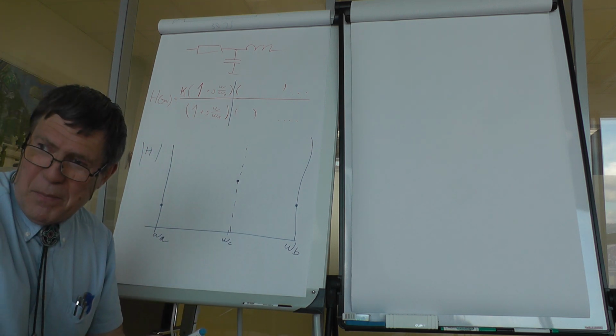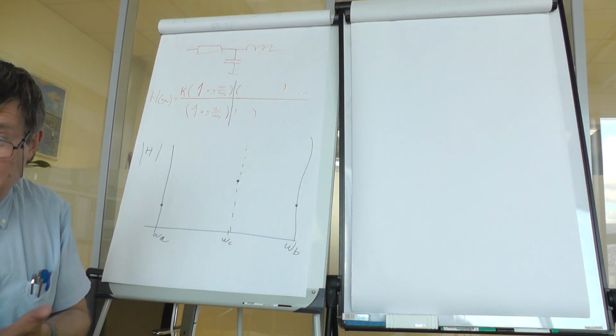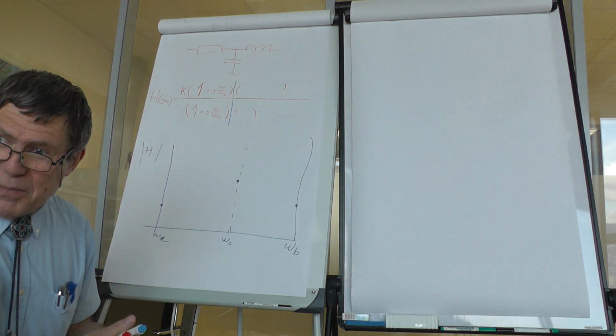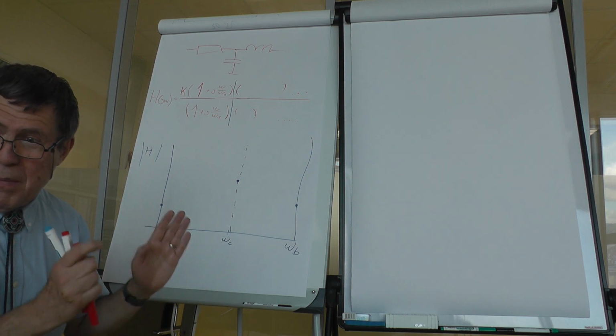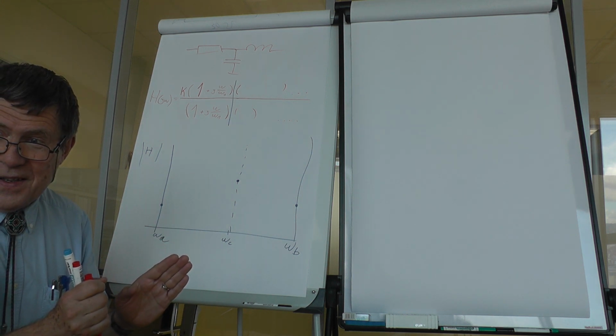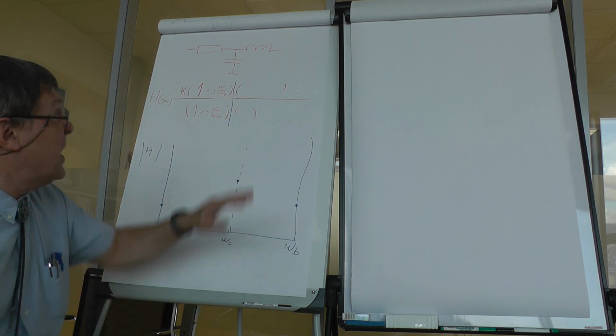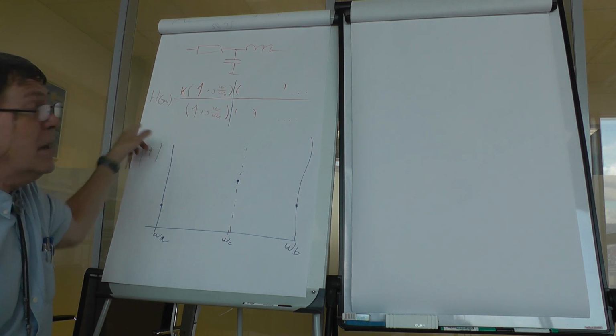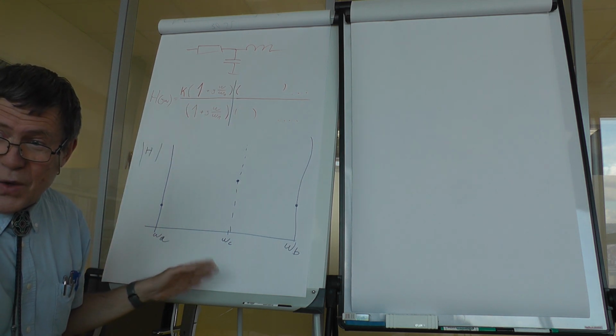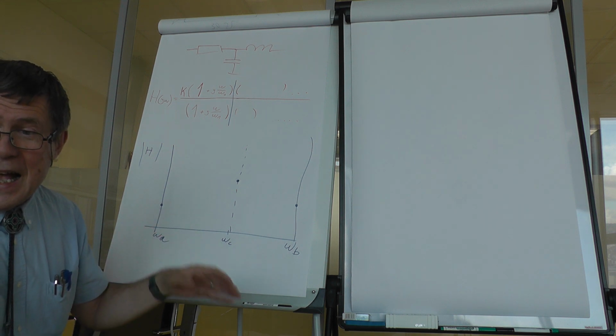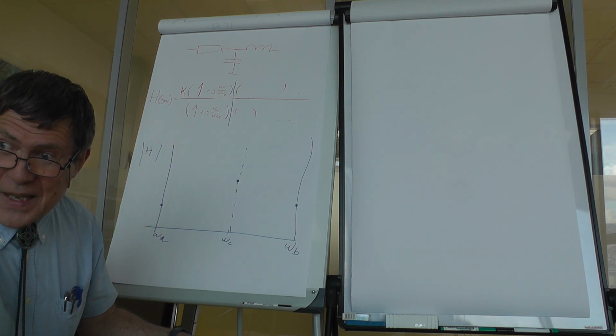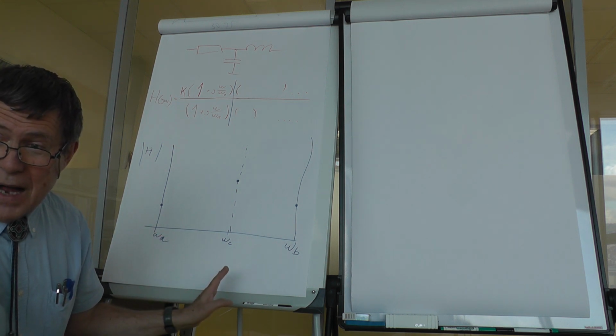I will get the same numbers or I will get different numbers. If I get the same numbers, I say, okay, my estimation of the circuit behavior using this formula is fine. So I will not test the circuit anymore, and I'm happy with it.